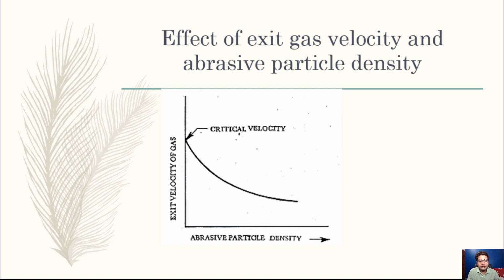The exit velocity of the gas can be increased to a critical velocity when the internal gas pressure is nearly twice the pressure at exit of the nozzle, for abrasive particle density 0. If the density of the abrasive particle is gradually increased, exit velocity will go on decreasing for the same pressure condition. It is due to the fact that kinetic energy of the gas is utilized for transporting the abrasive particles.